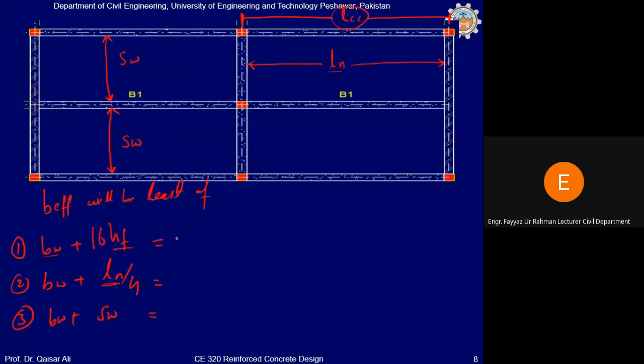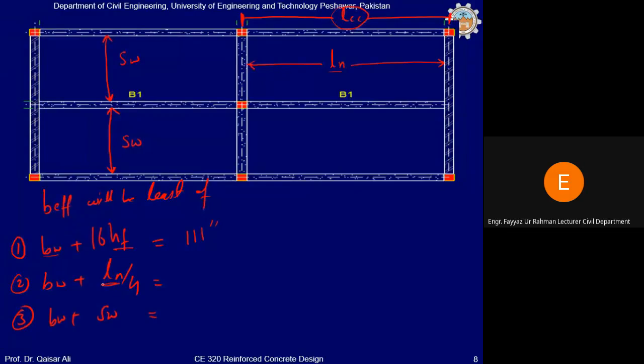BW plus 16HF, it is equal to how much? 111 inches. अच्छा, BW plus ln by 4. ये आप किस तरह कैलकुलेट करते हैं?